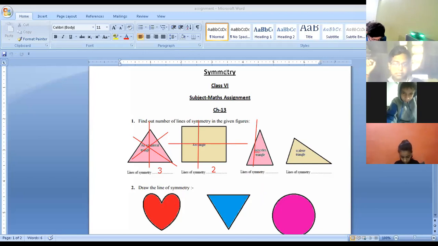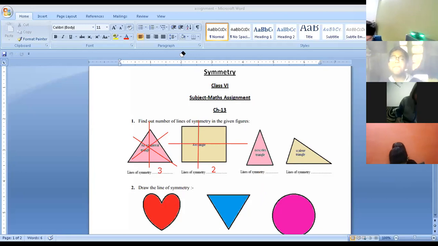Just a second. Only one line of symmetry you can write here.